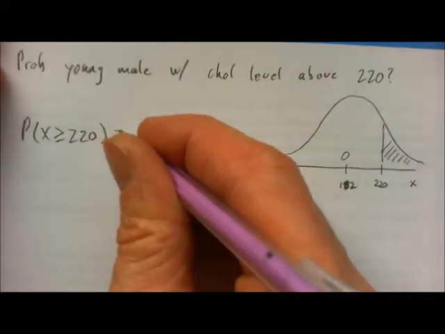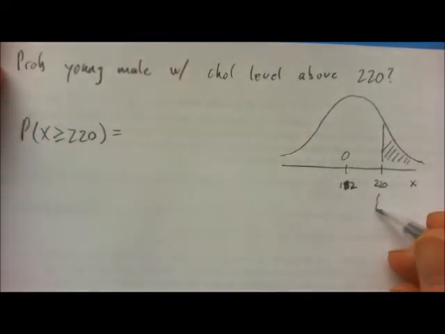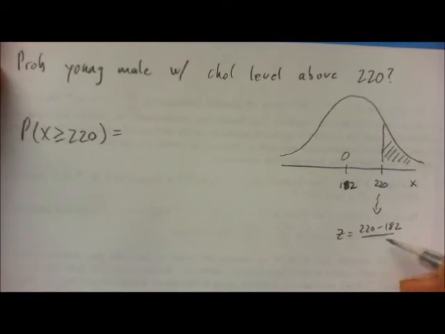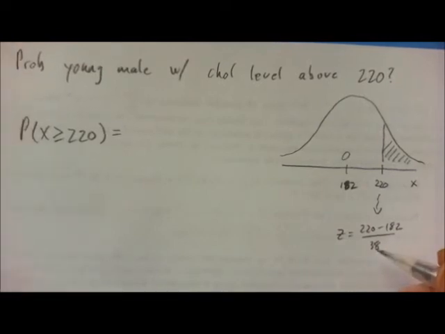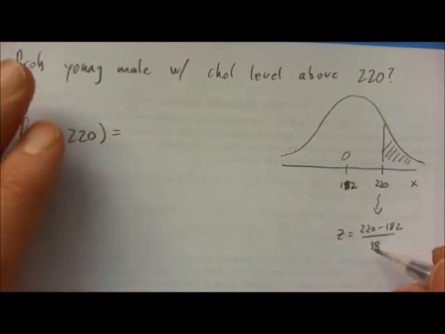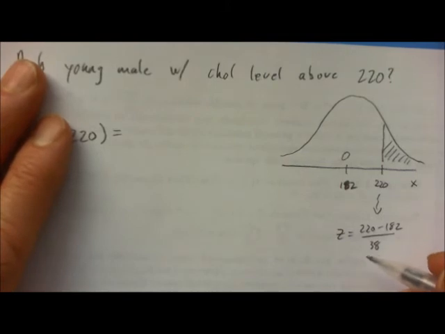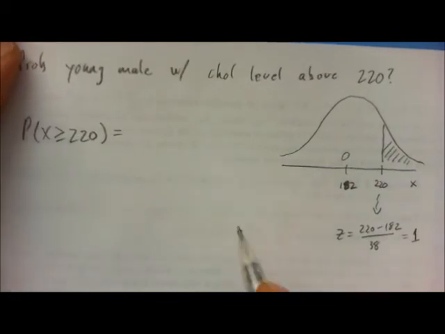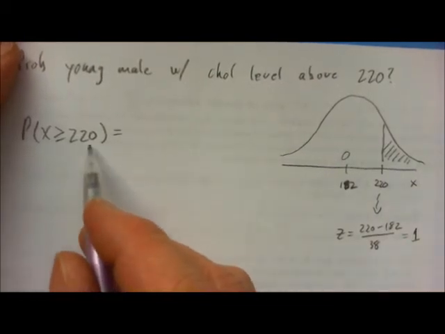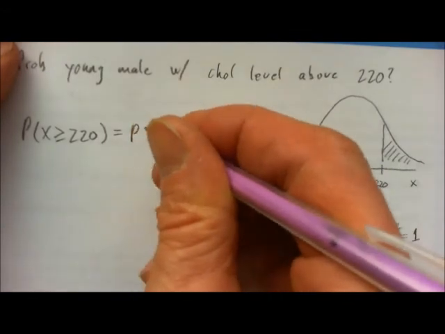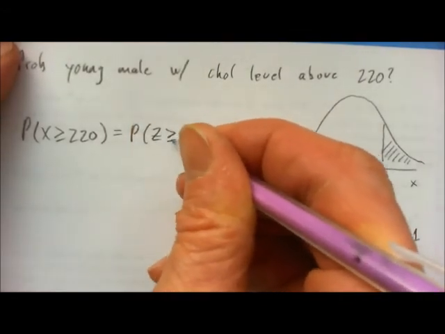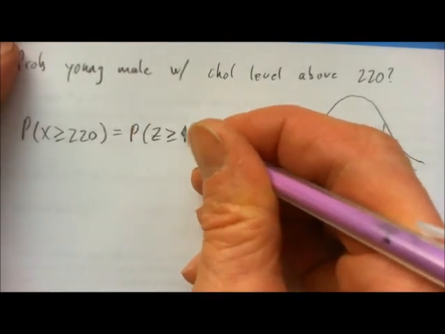And that's equivalent to, if we know the z, so let's see, what's our z for this? The z turns out to be 220 minus 182 over 38. And in that case, that turns out to be exactly one standard deviation, so we get 1. So what we're looking for is the probability that x is greater than or equal to 220, which is equivalent to the probability that z is greater than or equal to 1.